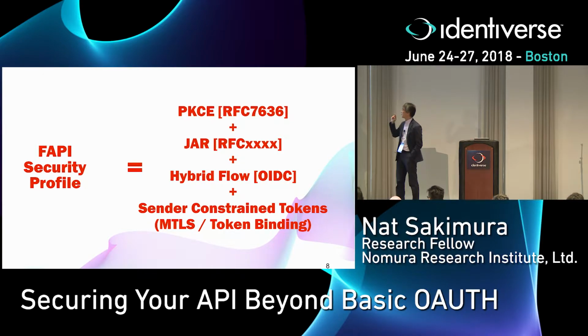RFC 7636 is called OAuth PKCE. And then there's something called OAuth JAR, which I hoped to get the RFC number for by today, which I didn't. It's in the queue of the RFC editor, so it should come out any time now.